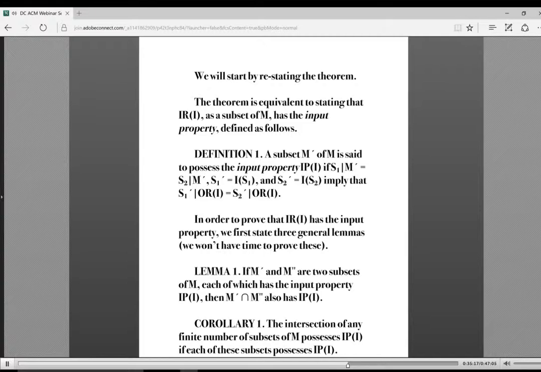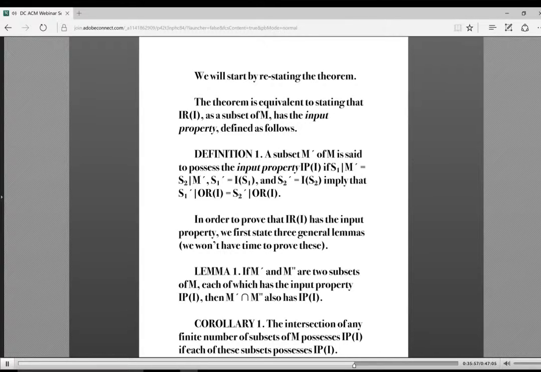Definition: a subset M prime of M is said to possess the input property IP of I if S1 restricted to M prime equals S2 restricted to M prime, and S1 prime and S2 prime defined as before, imply that S1 prime restricted to OR of I equals S2 prime restricted to OR of I. In order to prove that IR of I, the input region of I, has the input property, we first state three general lemmas.